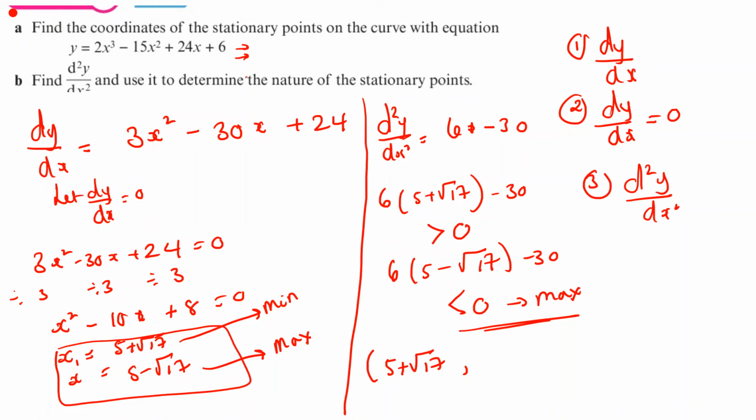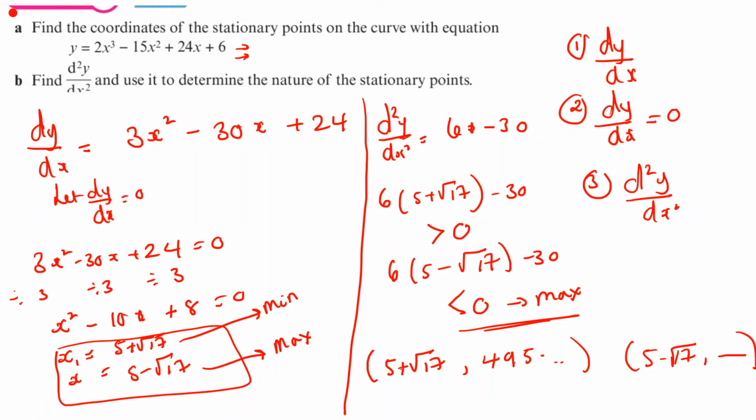The answer gives me 495 point something something, and for the other value we do the same thing with 5 minus root 17, and you write your solution down there.